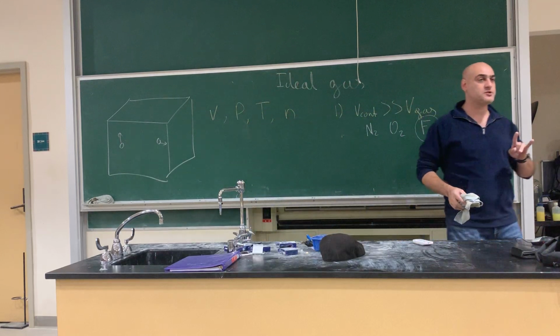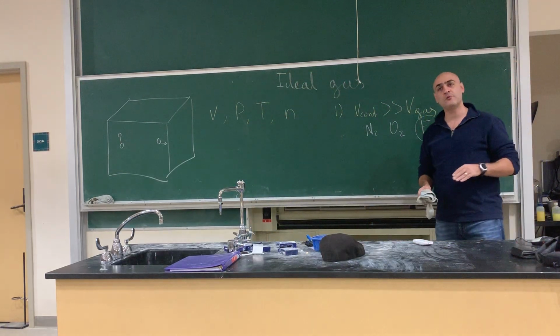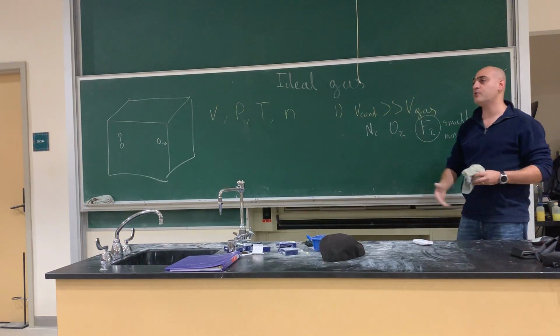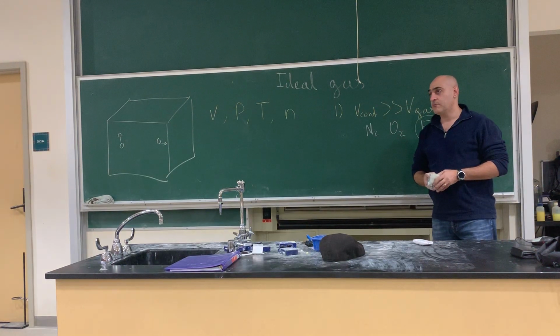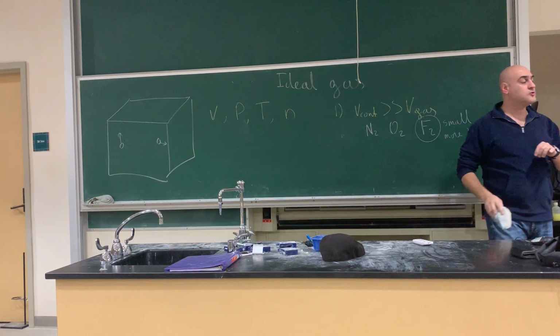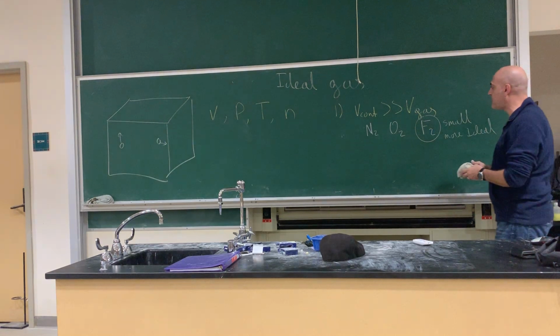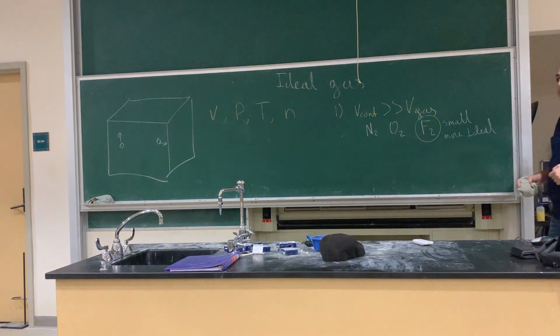That's the first assumption. Why am I making these assumptions? So we could make a little more sense out of the variables before we get into the equation. And these are the variables we're going to use to study how the gases behave. It's through tweaking the volume, pressure, temperature, but let's understand the variables first. Are we okay with the first assumption?